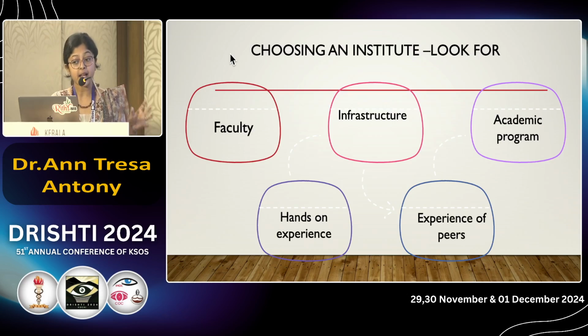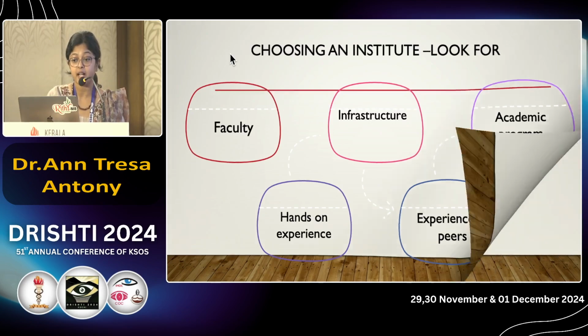See the faculty available for training, because Arjuna was defined by Dronacharya. And choose an institute with good infrastructure. It's always better to go for an observership and visit their OT just before joining the institute. Ensure that they have a well-structured academic program, and always talk to the ex-fellows and inquire about the hands-on experience they had.